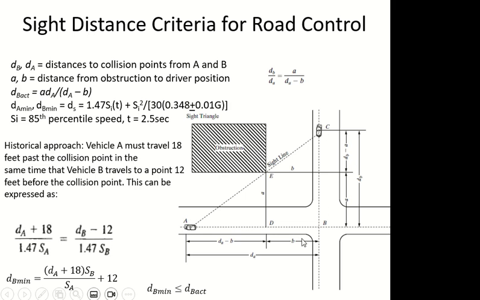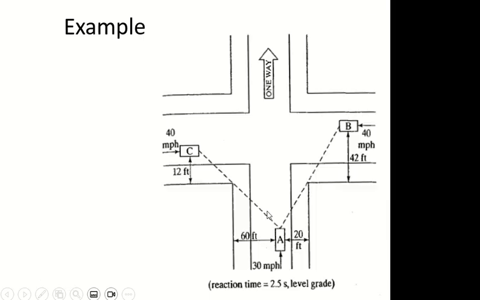In this triangle, this distance is dA, this distance is dB. So if I take the ratio, it will be dB upon dA, perpendicular upon base, dB upon dA. And if you look at the road obstruction and this car, it makes another triangle.